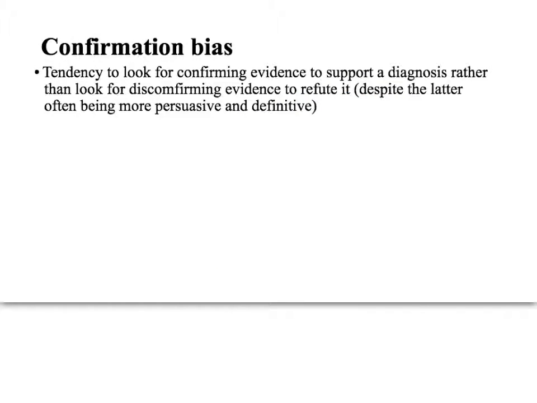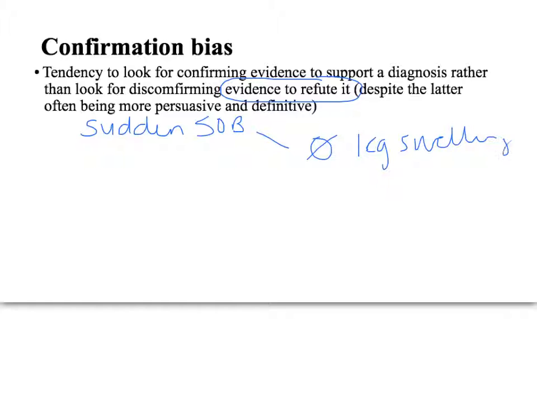Confirmation bias, on the other hand, is when you think that you have a diagnosis and you're looking for confirming evidence, right? And so you're not necessarily recognizing and accepting the evidence that refutes it. Okay, so let's say you had a patient and they had sudden shortness of breath. It was very acute. But there was no leg swelling, there was no sedentary behavior.